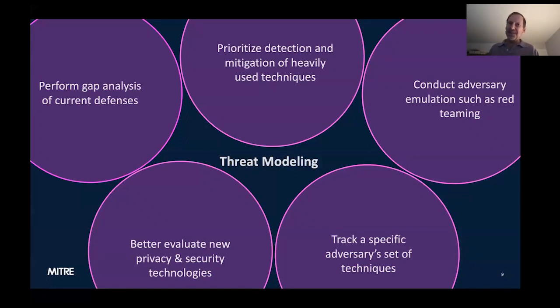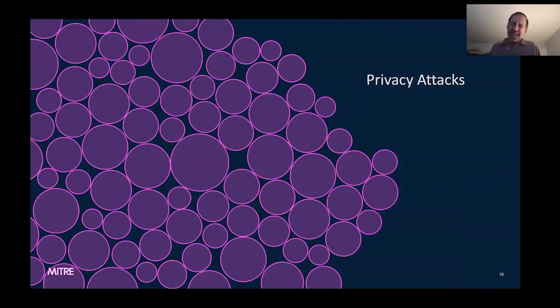It can help you do gap analysis, allow you to make prioritization decisions, facilitate red teaming, track a specific adversary's set of techniques, and it can even help you better evaluate new technologies. So there's a lot to be said for threat modeling. Well, as I said, Panoptic is an attack taxonomy, and so let me talk more specifically about privacy attacks.